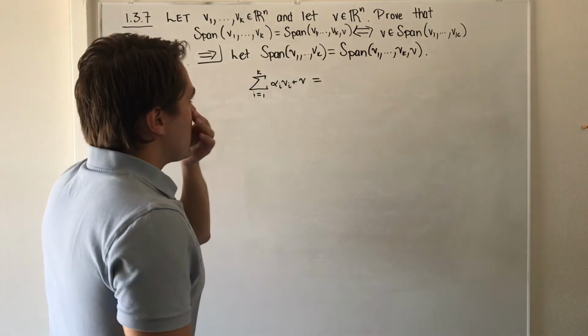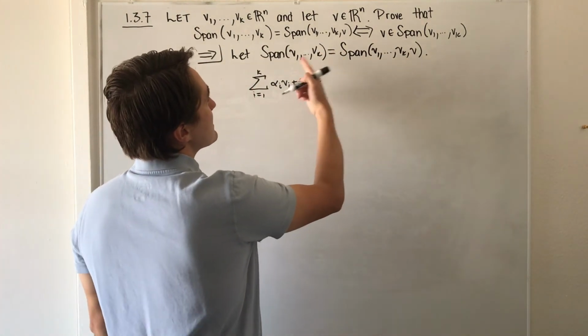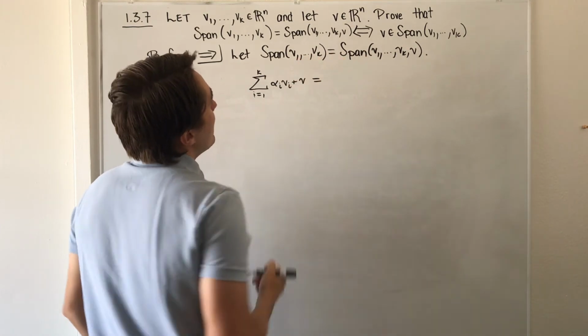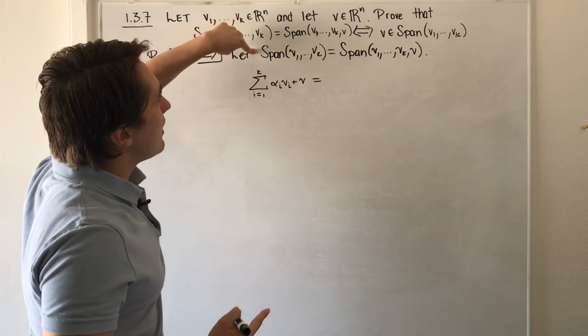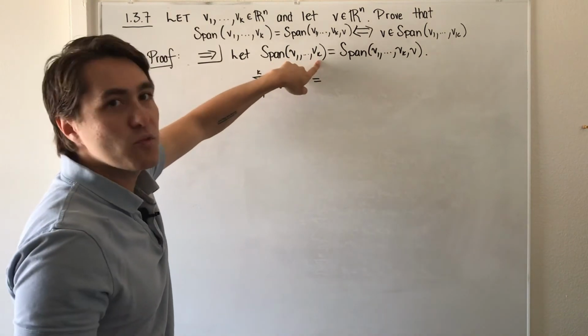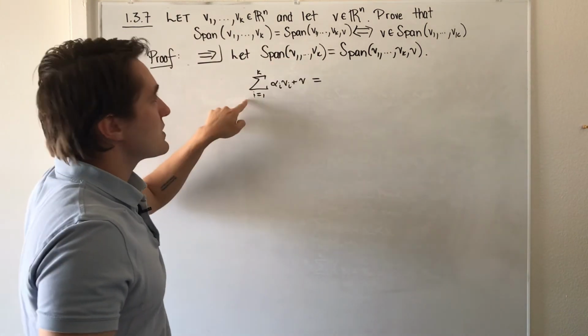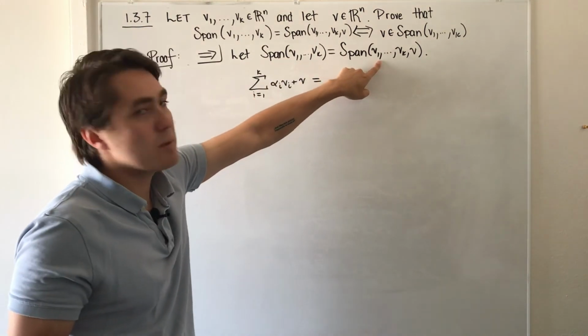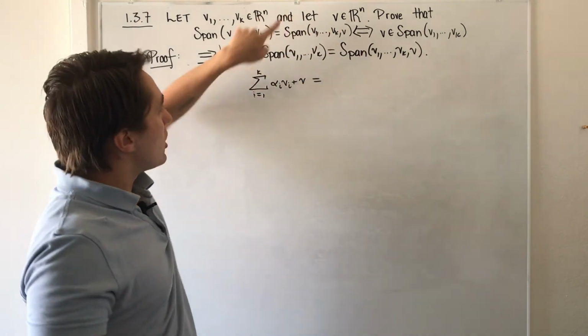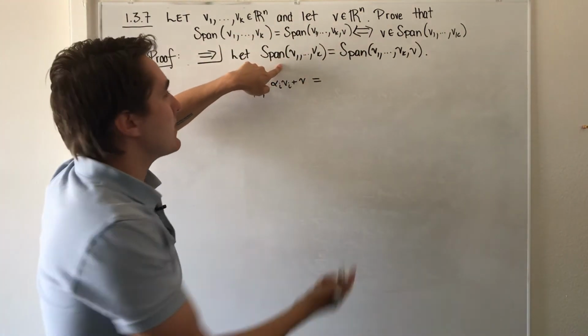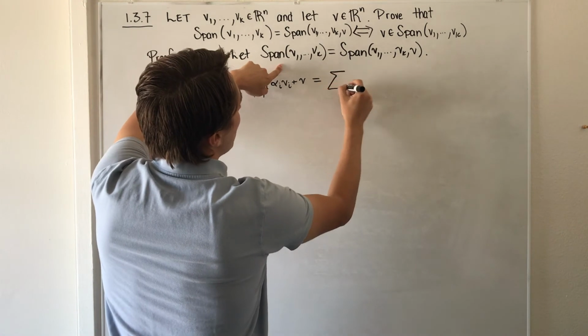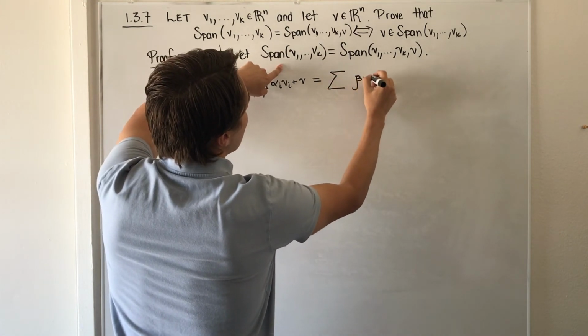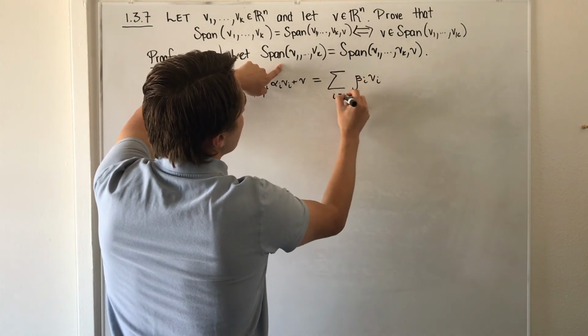And here's what we're going to do. We know that since these are equal, there has to be some linear combination of just the v1 through vk's that is equal to this element, because if I picked an element from here, it should also be in there, but the elements in here are of the form the sum of beta i vi, i equals 1 to k.